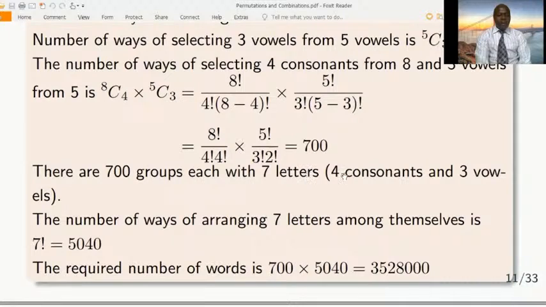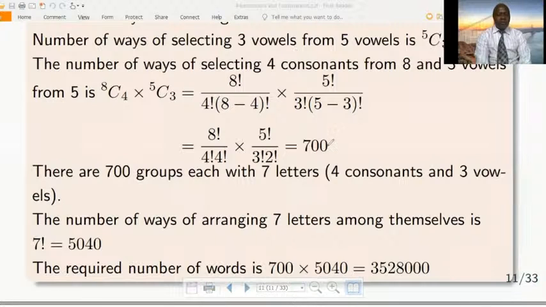And these 700 groups, I discovered that each had 4 consonants and 3 vowels. So then I asked myself, these 7 different letters, in how many ways can we arrange them? Since they're different, it will be 7 factorial, which is 5040. So therefore, the question was, how many words can we form? Therefore, the number of words that we can form is the 700 that we obtained at this step, times 5040.